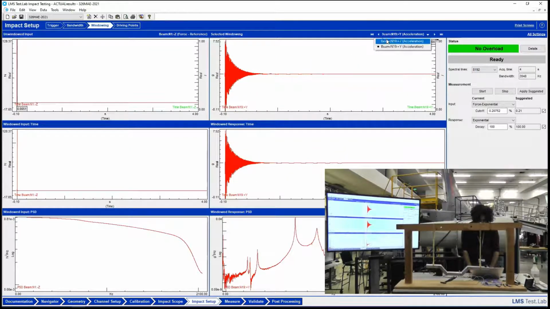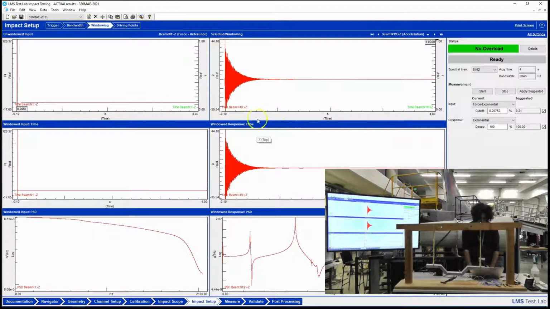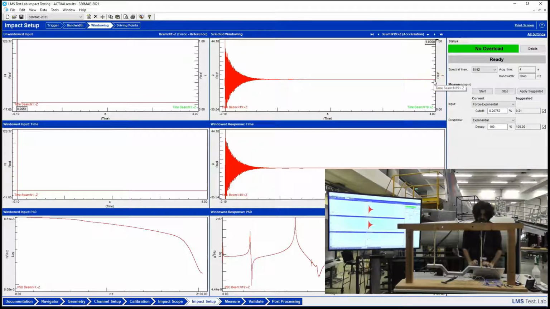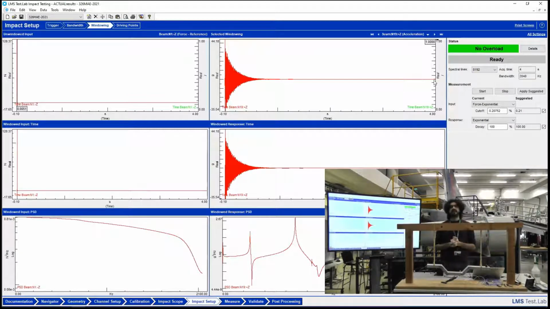Now what you have, and let me put this in Z, is that we are multiplying this signal times a decaying exponential that reaches 0 exactly at 4 seconds. This means we are adding something like an artificial damping. So we are artificially damping the structure mathematically.